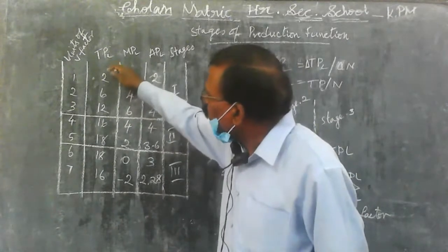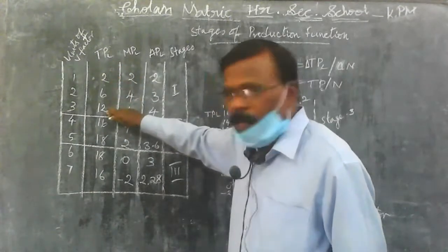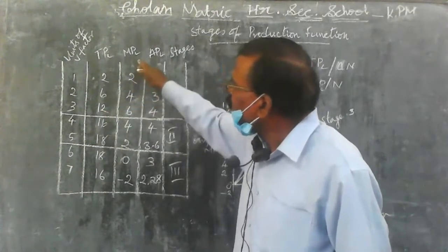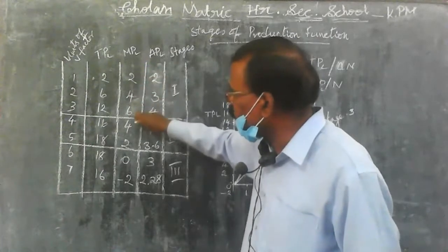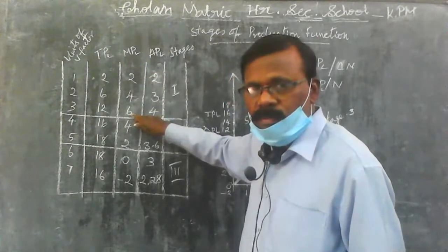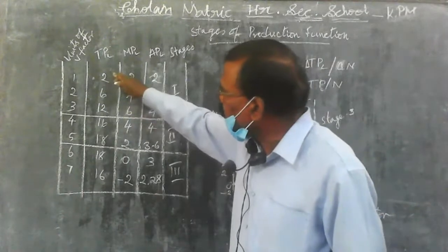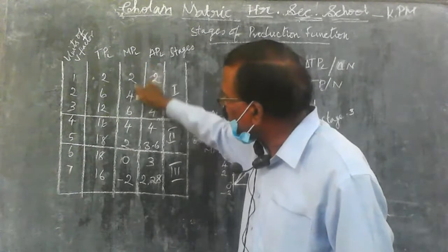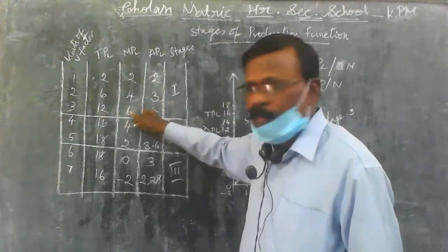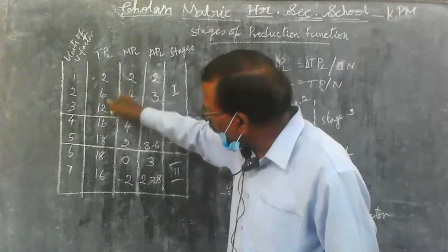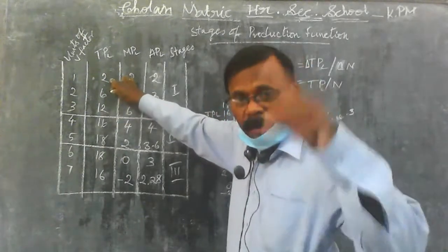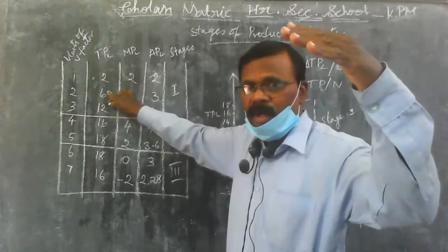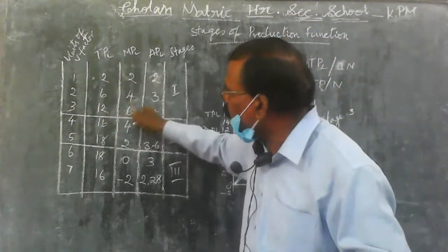Now when total product increases up to a point, the marginal product increases. First, total product increases at an increasing rate up to a point where the marginal product increases.